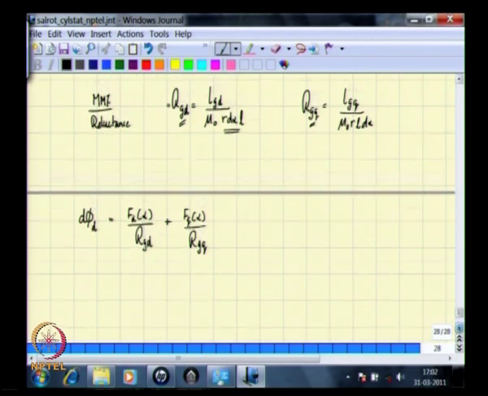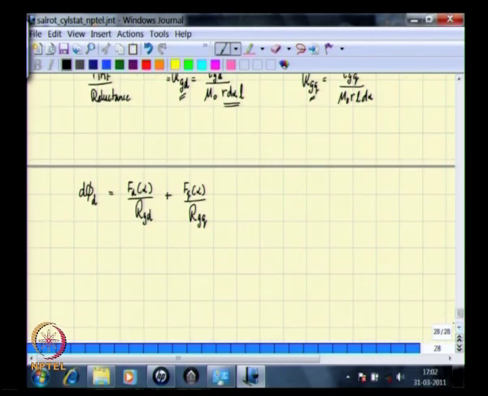Now if you want to find out the flux linkage due to this flux, then d psi s is nothing but the number of turns in the stator multiplied by this d phi, where d phi is d phi d plus d phi q, as we have written.